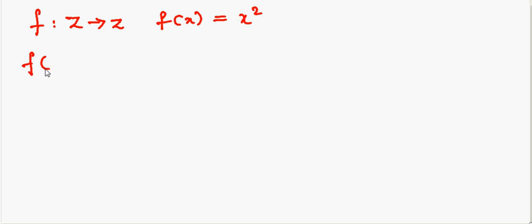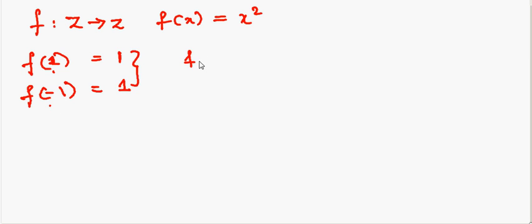Suppose I take f of 1, when I substitute x as 1, f of 1 will be 1. And what is f of minus 1? Because negative values are included, f of minus 1 is also 1. That means two different values of x have the same image. Hence function f is not injective.